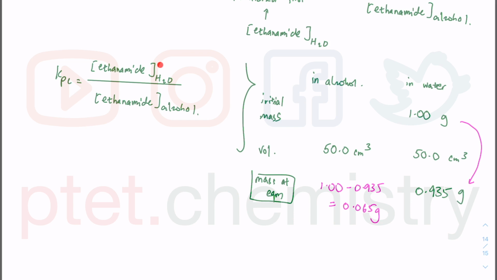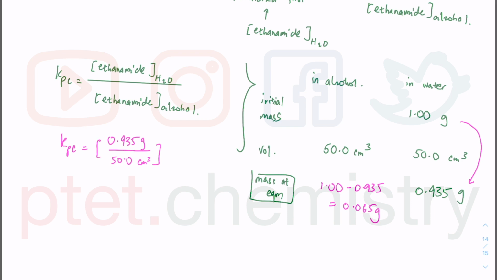This is to do with solubility. Solubility can be interpreted as a concentration, whether it's in mole per dm cube, or in the case of KPC, usually mass per volume. Since we have ethanamide in water mentioned first, and then the alcohol, the water one appears on top. So I need the concentration, 0.935 gram divided by 50.0 cm3.